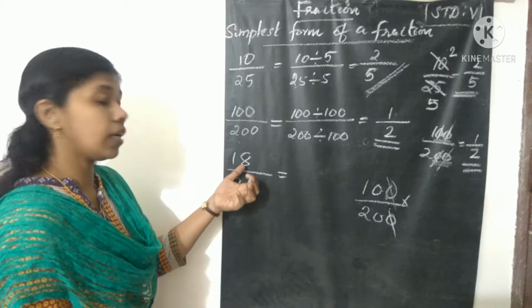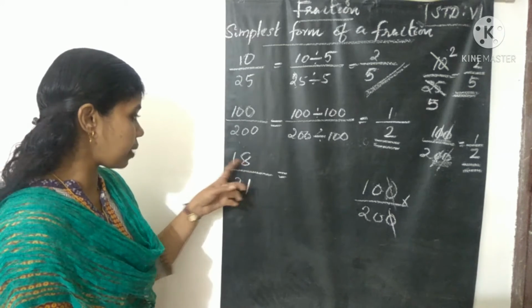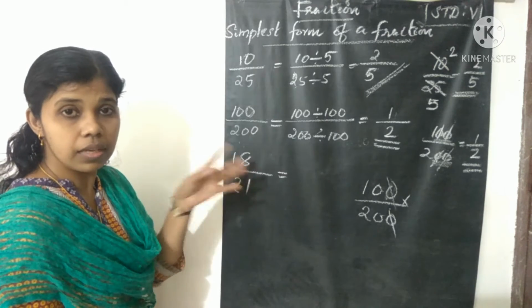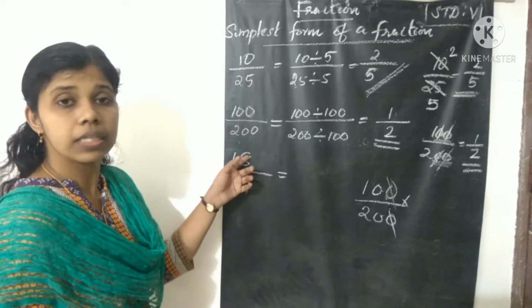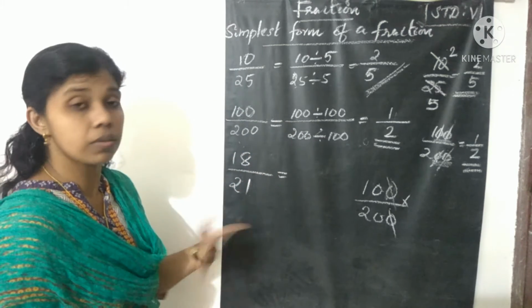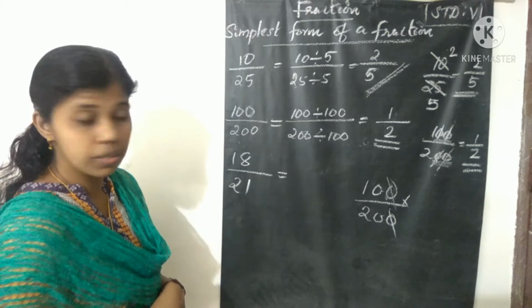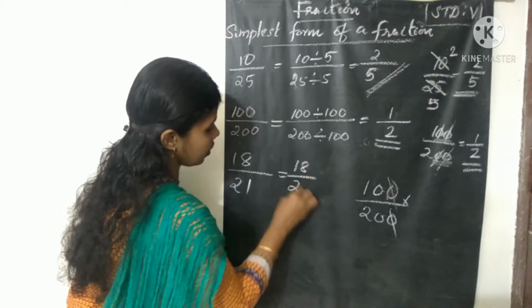Then check 3 is the factor of 18 and 21. Here 8 plus 1 is equal to 9. That means 18 is a multiple of 3. Here 2 plus 1 is also 3. So these two numbers are divisible by 3.